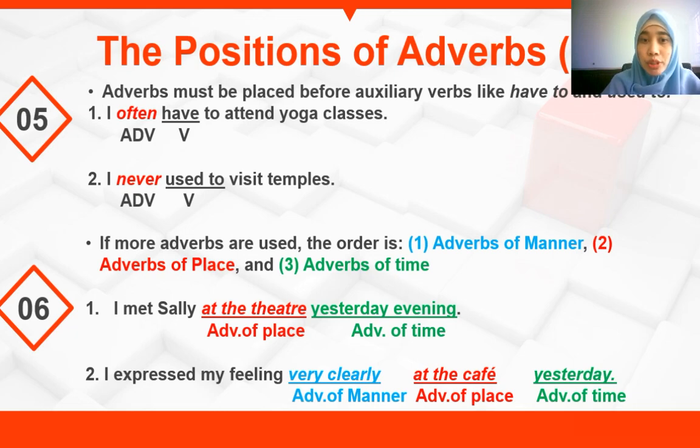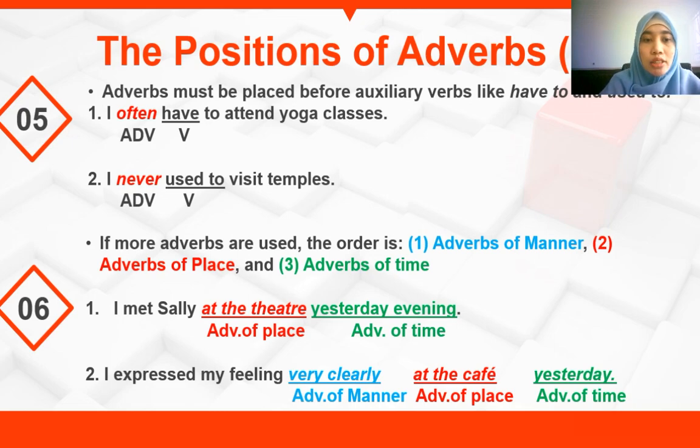Okay, so we put the adverb of place at the theater before the adverb of time yesterday evening. We cannot do like I met Sally yesterday evening at the theater. Maybe the listeners will understand what you meant, but grammatically it's incorrect.